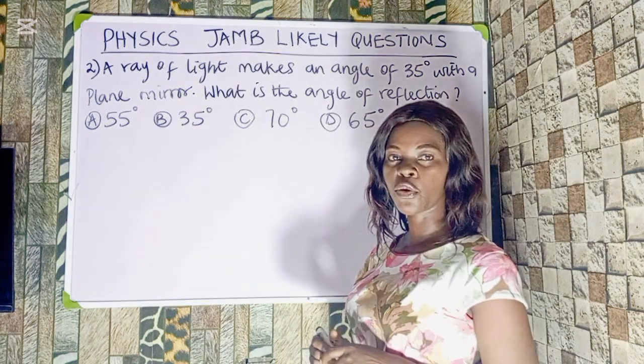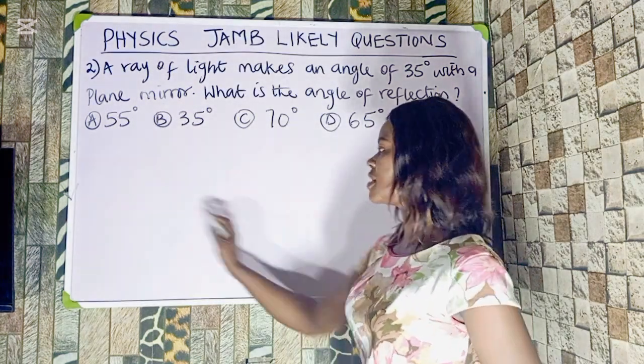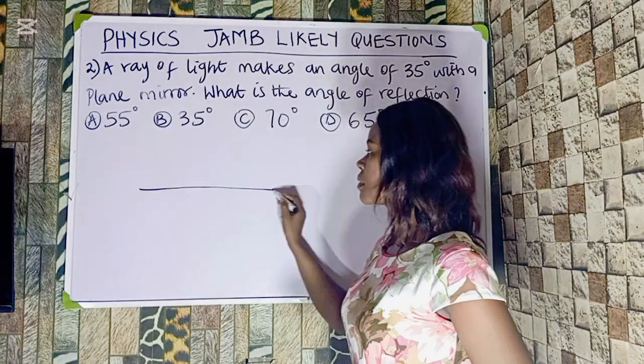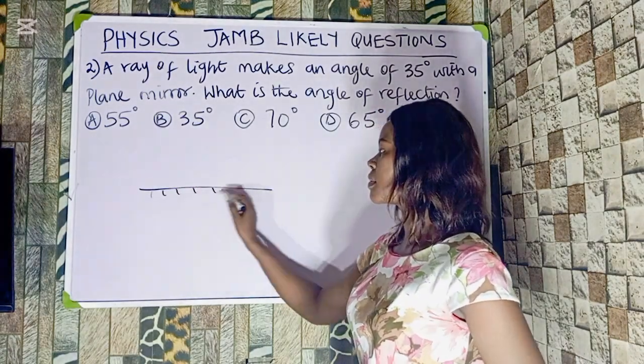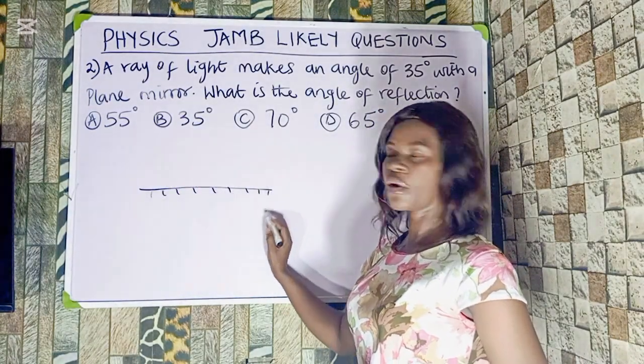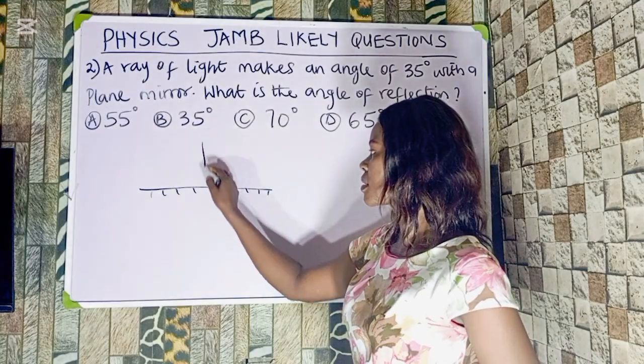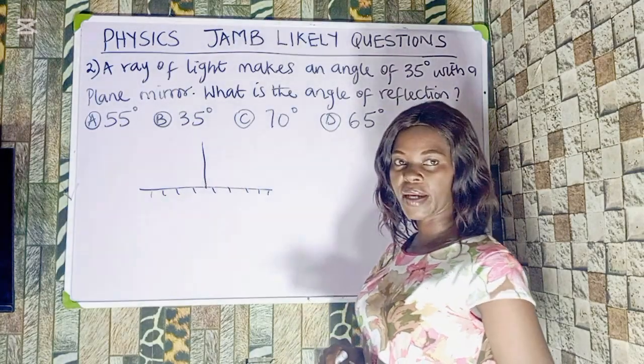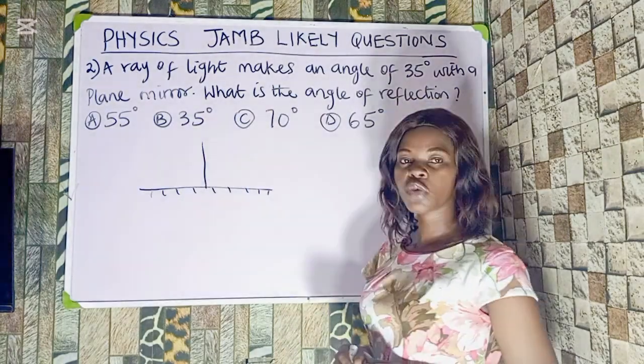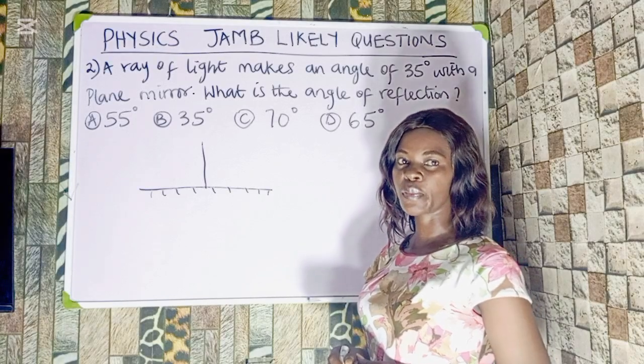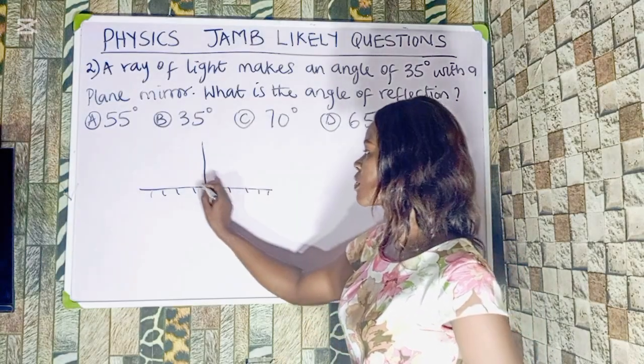If you hear plane mirror, what will come to your mind is this. This is a plane mirror. Now a plane mirror must have a normal. From the question, the ray makes an angle of 35 degrees with the plane mirror, so the angle is this way.